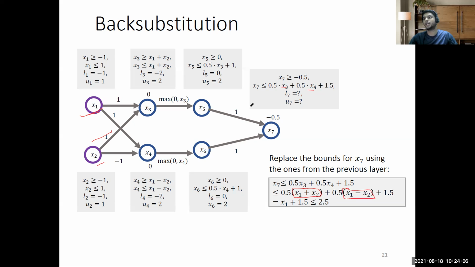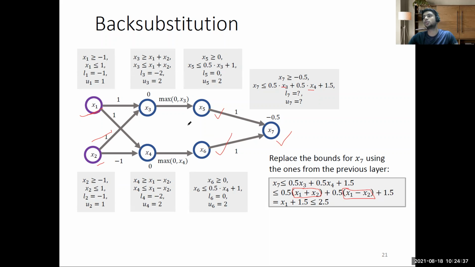Essentially, you got some expression for x7 in terms of x5 and x6, and the expression is fine, but when you try to find bounds on x7 using x5 and x6, they will give you an imprecise result just because x5 and x6 are based on the ReLU transformation, and we lost some precision there.